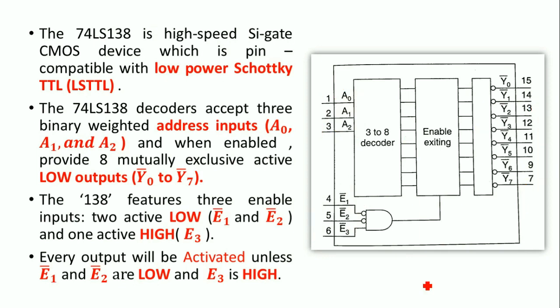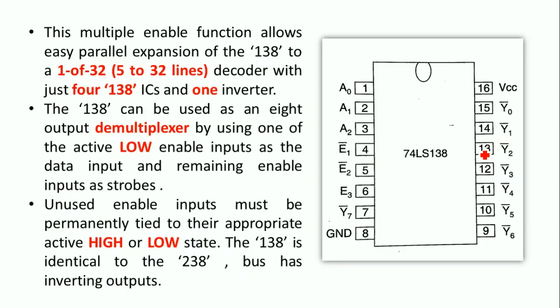So in this 74LS138, we are using this multiple enable function. Here we are using 3 pins to enable this 74LS138. This multiple enable function allows easy parallel expansion of the 74LS138 decoder to a 1 of 32 decoder with just 4 74LS138 decoders and one inverter.